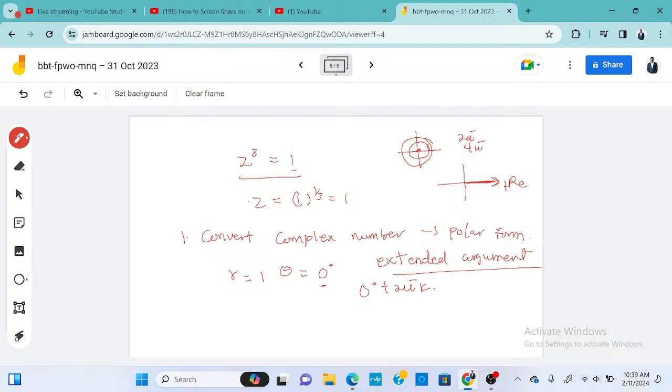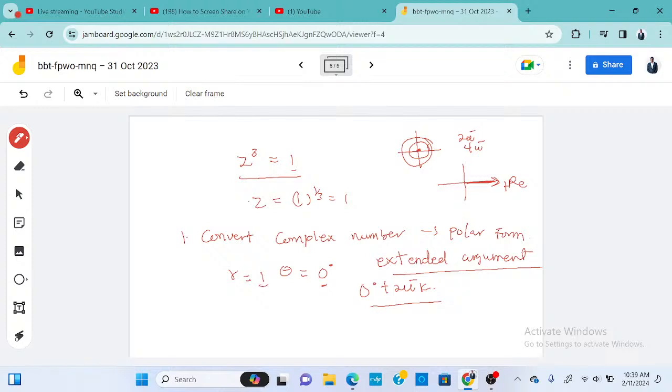Going round the complex plane doesn't change it. You only arrive at the same answer. That is why we use the extended argument to have repetitive but the same arguments in different form. So now I have r to be 1, and theta to be 0.